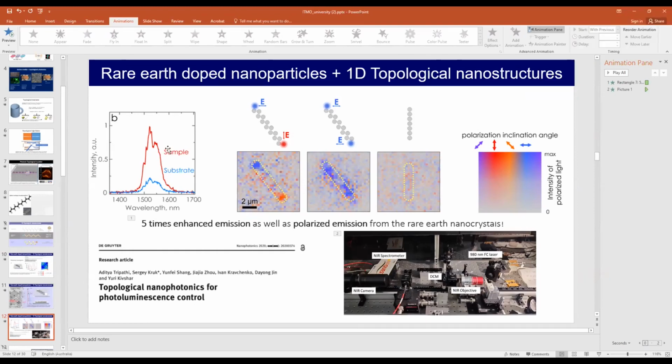Well, in our case, to be honest, I haven't tried it yet with single nanoparticles. But for the topological nanostructure, you also get 5 times enhancement in emission, and we did not compare it as such with the single nanoparticle case.